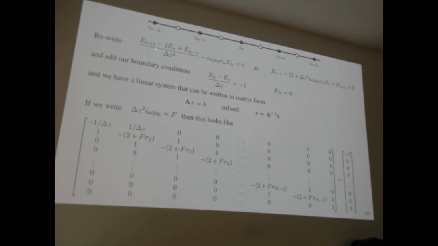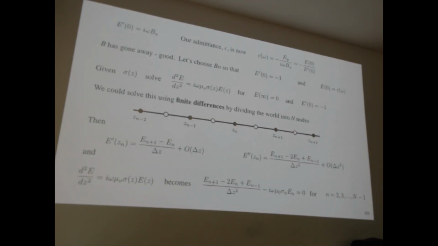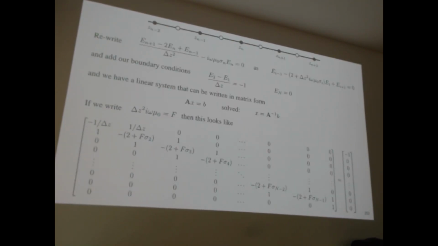we rewrite our equation here. So this is, I've just taken this equation here, right? Second vertical derivative is equal to the conductivity times the electric field. And I've written that in terms of finite differences.